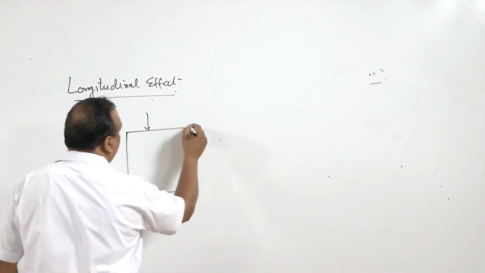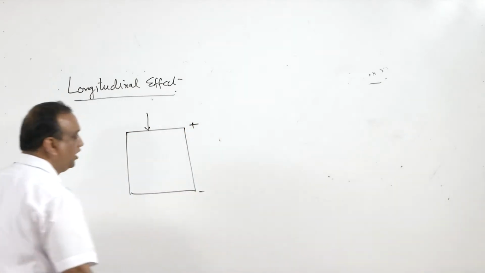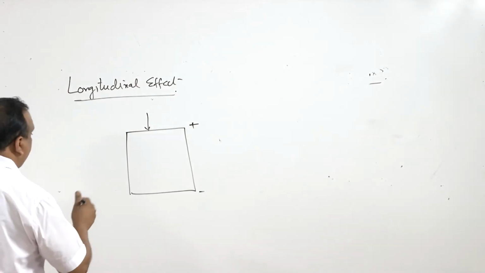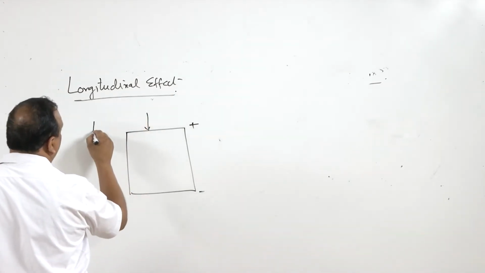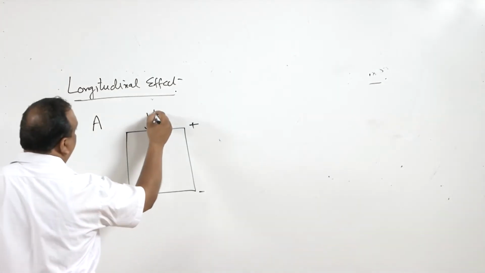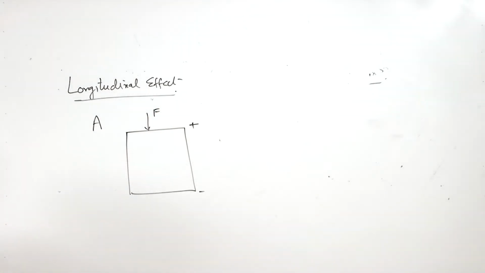The charge will be developed here on the opposite faces of the crystal, and this is known as a longitudinal effect, and it is independent of the area. It is not dependent upon the area and thickness of the crystal in this direction, x direction, right? It is mainly dependent on the force applied on the crystal, right? So, this is the longitudinal effect.